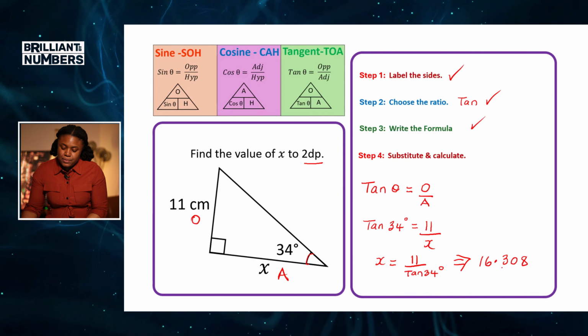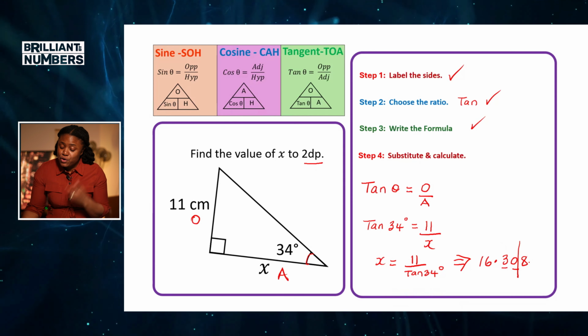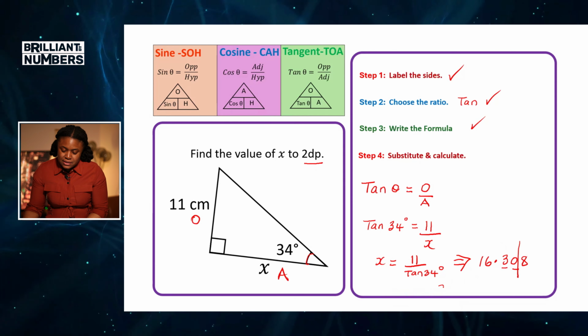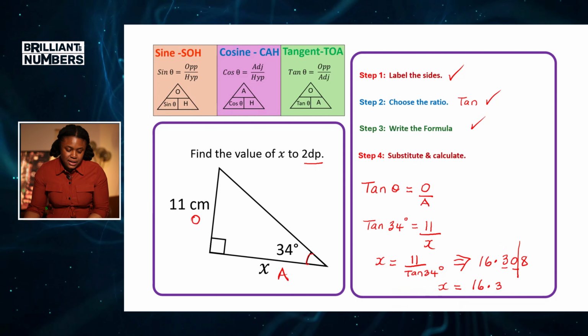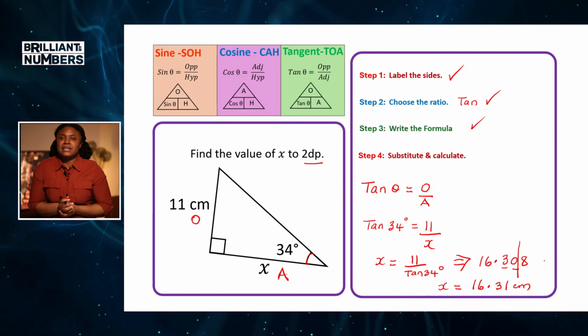So I check: number behind is 5 or more. It's greater than 5, so I need to round up. So x then is equal to 16.31 centimeters. Absolutely brilliant. Now I just want to take the time here just to point something out.